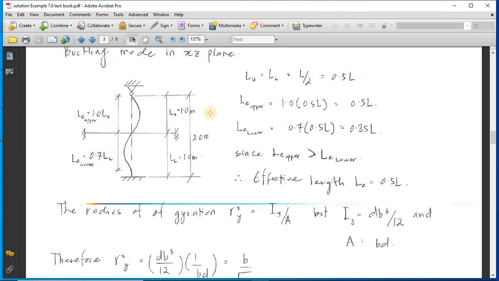LU and LL, the L upper and L lower, are equal to L divided by 2, where L is the total length of the column. We know that the brace is located at the mid height, so LU and LL are equal to 0.5 L. We need to define the LE upper and LE lower.